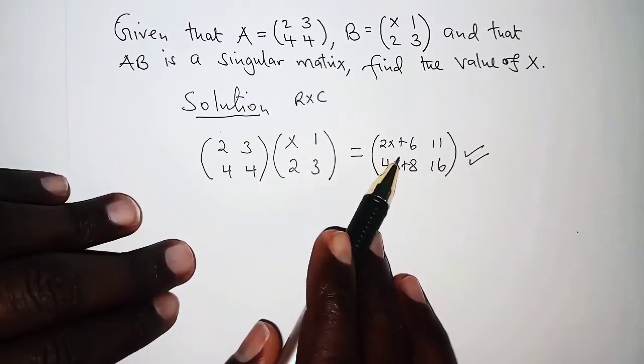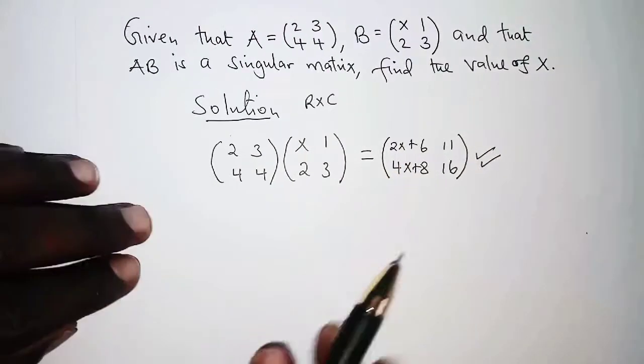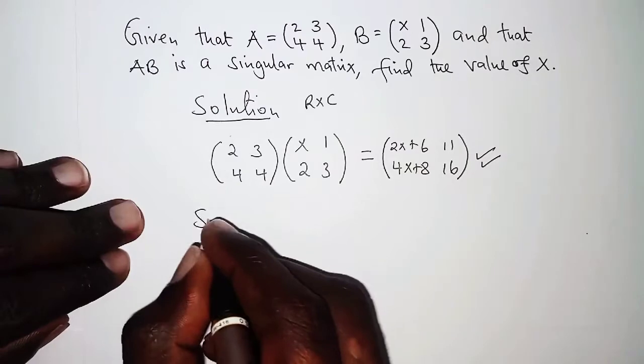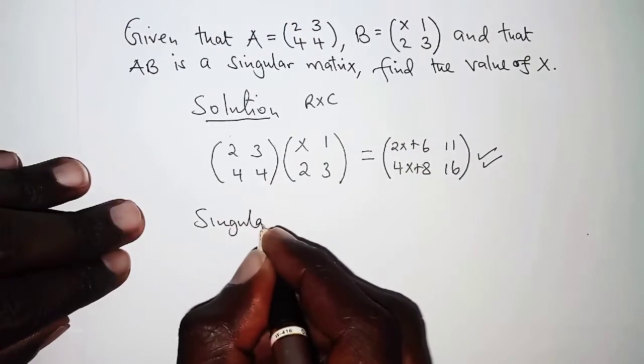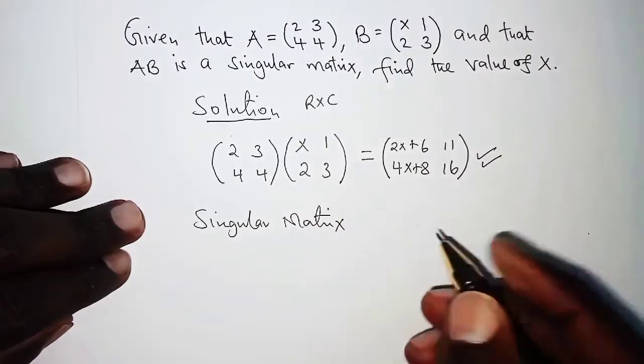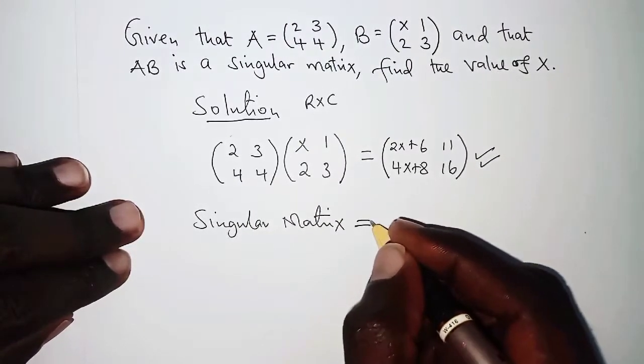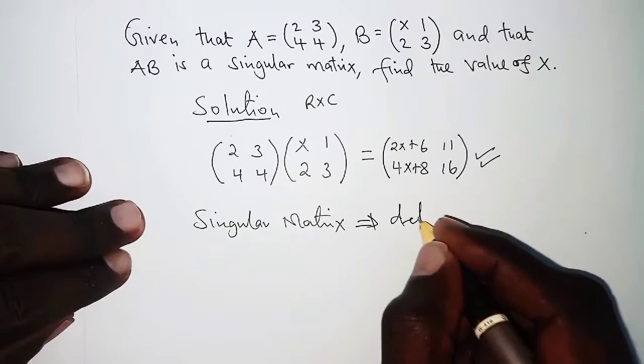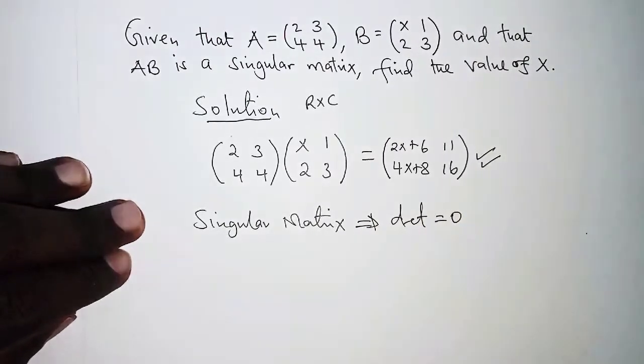Now, if this is the matrix AB, and we're told it's a singular matrix, first we need to know that a singular matrix is just a matrix whose determinant is 0.